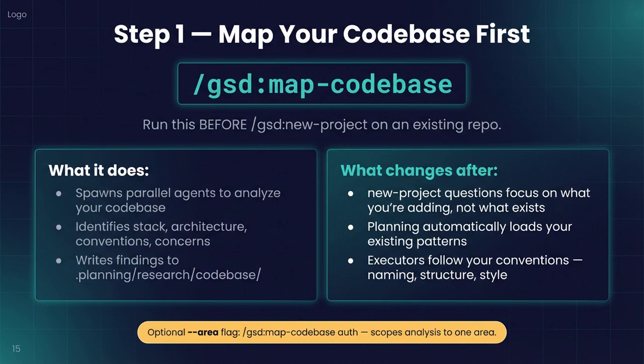That context gets written to the planning directory. Now when GSD plans and executes, it follows your existing patterns, your naming conventions, your folder structure, your error handling style. Without this step, GSD would build new features that technically work but feel foreign to your codebase. Use the area flag to scope it if your repo is large, /GSD map codebase followed by the area name.